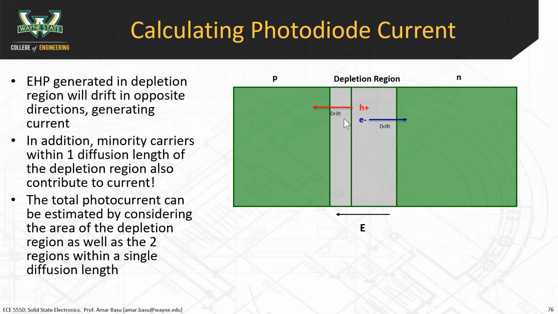Compare that to, let's say you generated an electron hole pair. Let's say you generated a hole here, and you generated an electron here. What's going to happen? Well, let's say we just illuminate this region. We did something similar like this in Module 4. And you generate electron hole pairs.